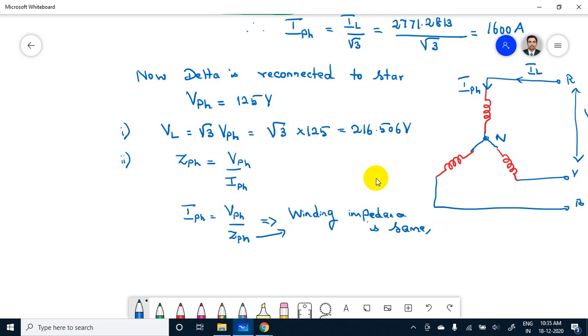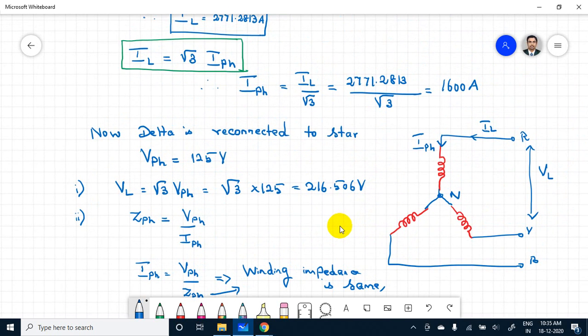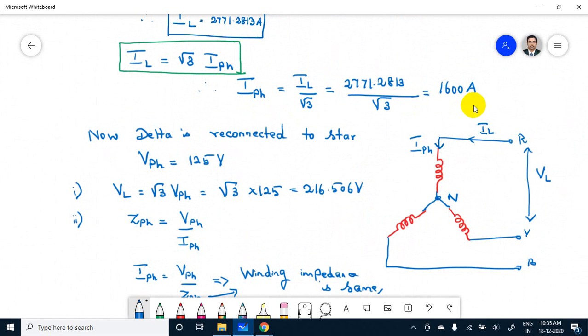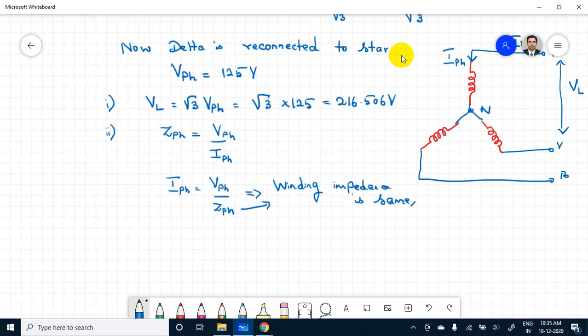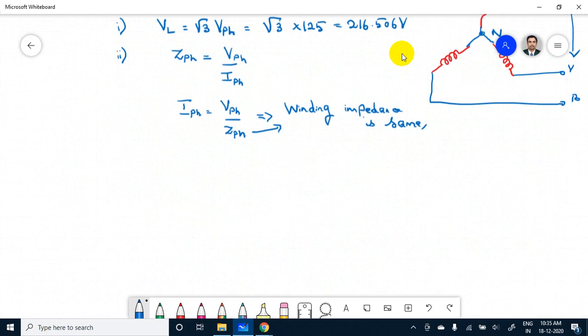When winding impedance is the same, what happens to my phase current? V phase will be 125. For 125, how much phase current did we get in delta connected? It is 1600. This parameter we have to write: I phase is equal to 1600 ampere. Okay, do you understand my point?